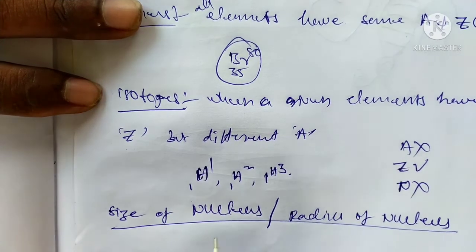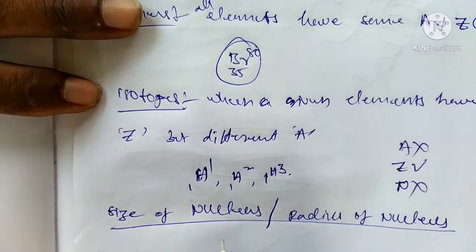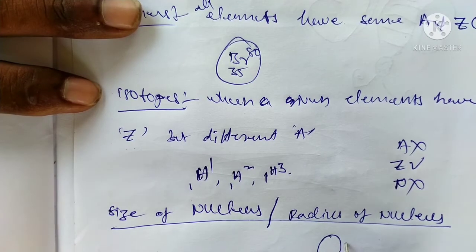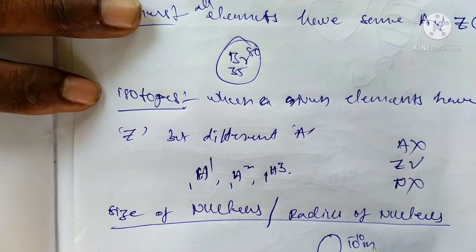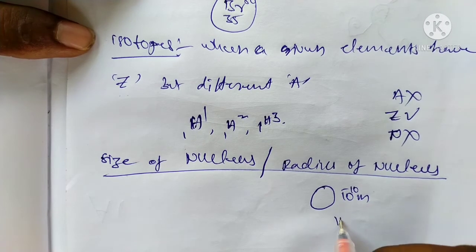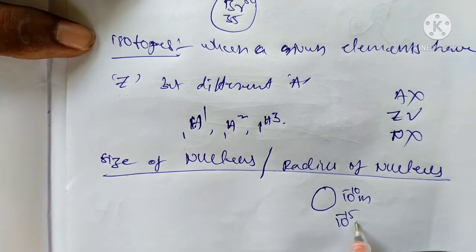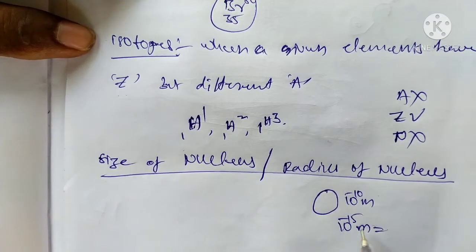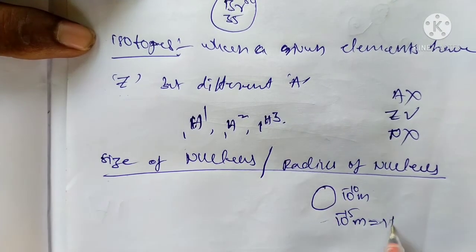Okay, you know the relation of the nucleus. Atomic size is 10 to the power of minus 10 meters. The size of the nucleus is 10 to the power of minus 15 meters, that is 1 Fermi.